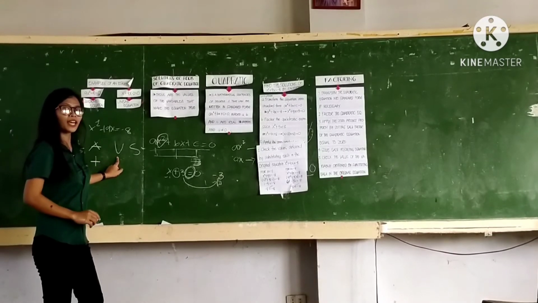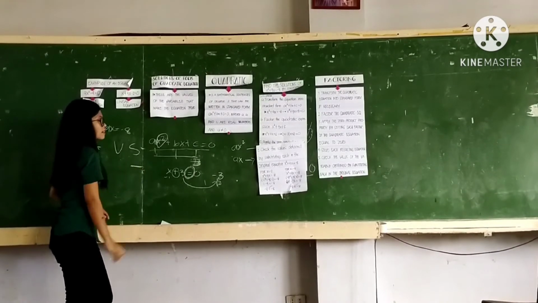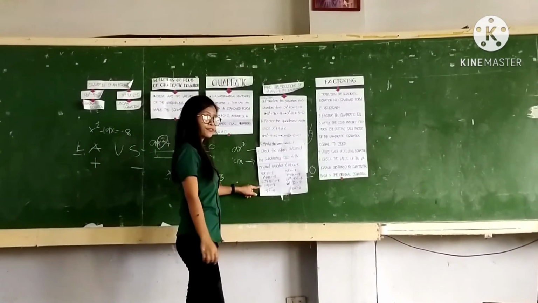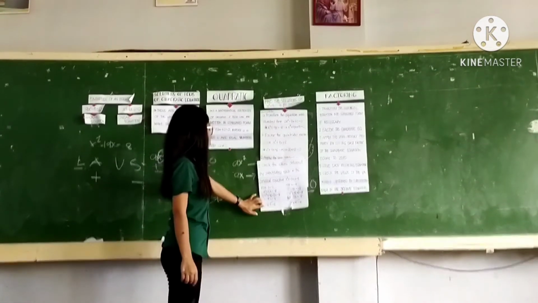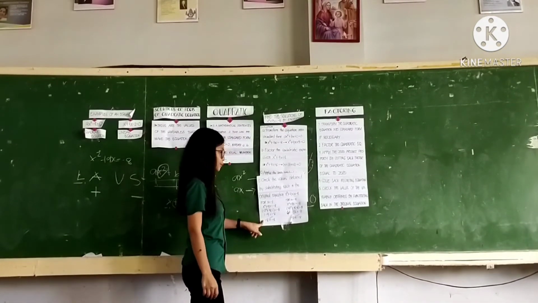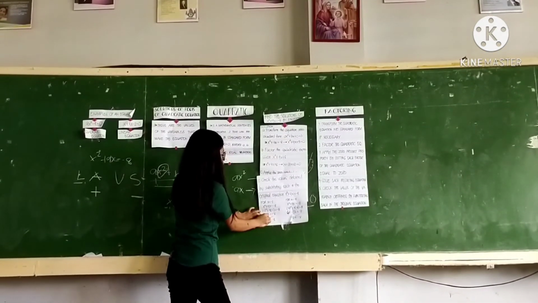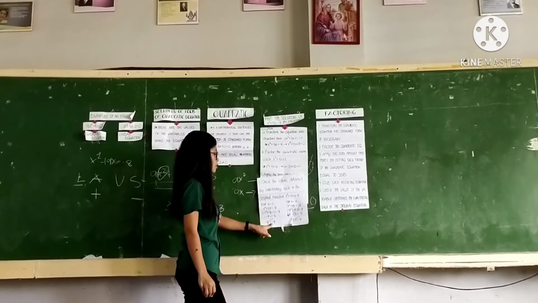And if they have unlike signs, we subtract. Since the two have different signs, we have to subtract the two numbers and just copy the sign of the number with the highest absolute value, 9, so negative 9, and it results in negative 8.